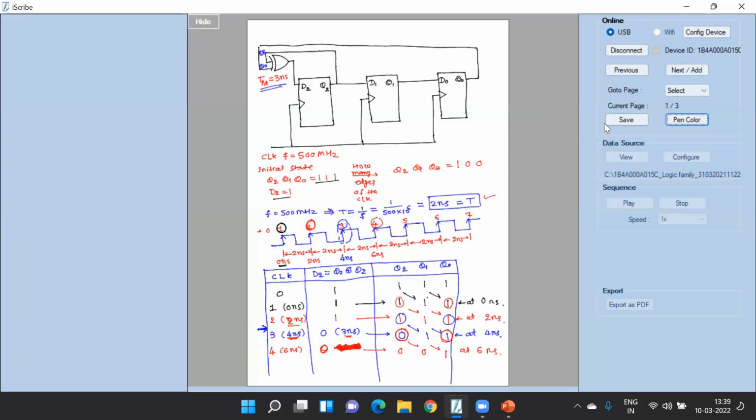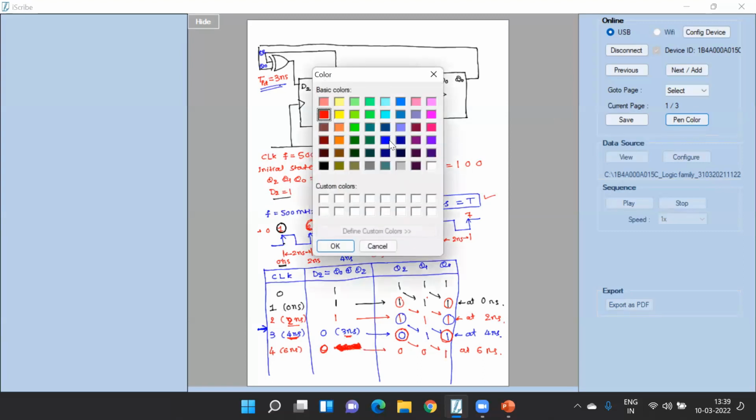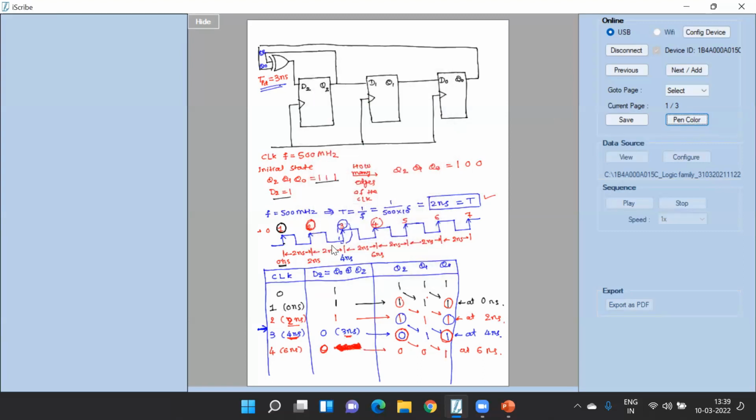Now, what happens at the next edge? Let's take a look. So now at the fifth edge, which comes after 8 nanoseconds, you can see my XOR will pass the new value because the propagation delay was 3 nanoseconds, right?